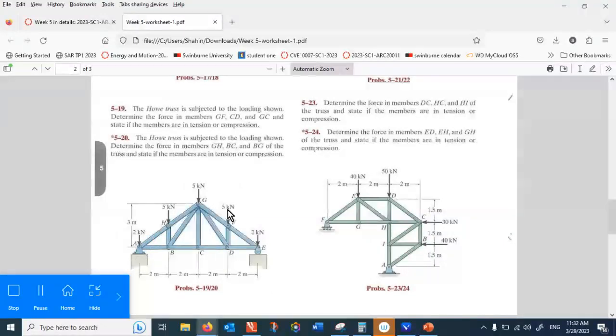Here, that's a very complex structure, too many members. If you want to find GF, CD, and GC.